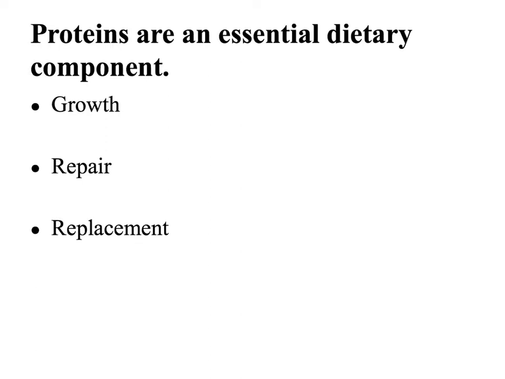Our cells then take those amino acids and use them to build our own unique set of proteins. So we are not actually using a full protein that came from a chicken or a full protein that came from a steak. We break down those proteins from other places in our diet, and we use the building blocks to make our own.